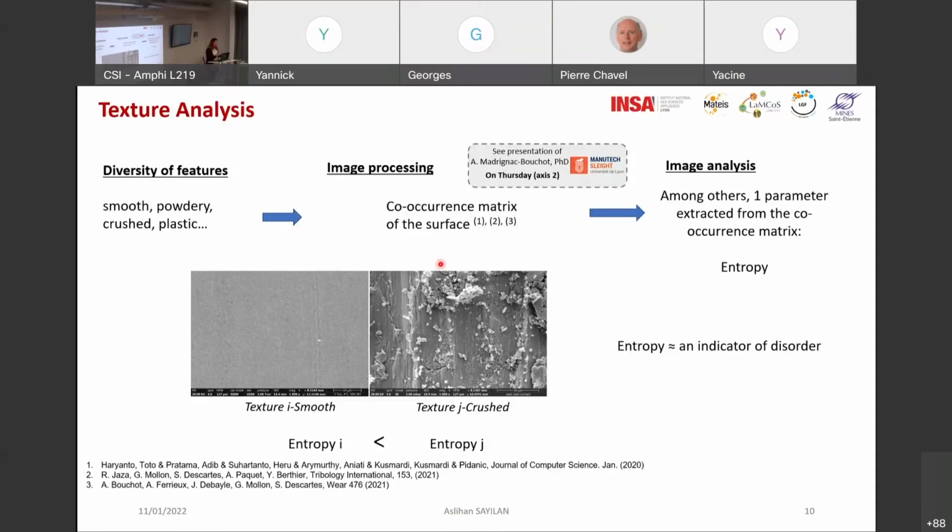There are 10 different parameters like inertia, entropy, surface homogeneity, energy, and in our case, we chose entropy. We have seen that the smoother texture has a smaller entropy, and with more crushed surfaces, we are obtaining a higher entropy, and it is actually helping us to correlate it with the friction coefficient.